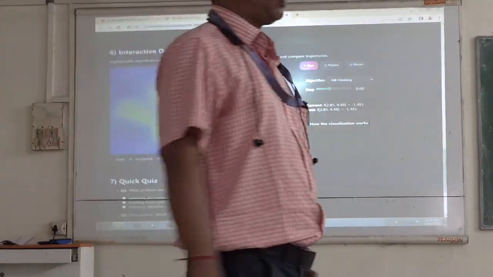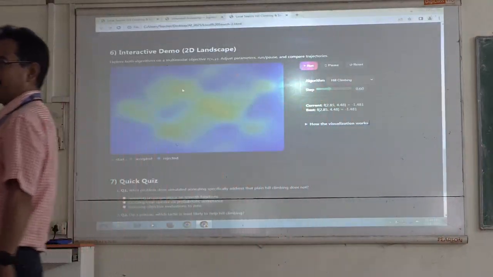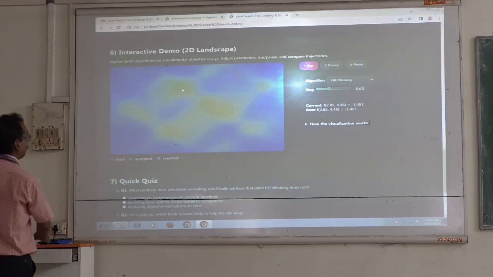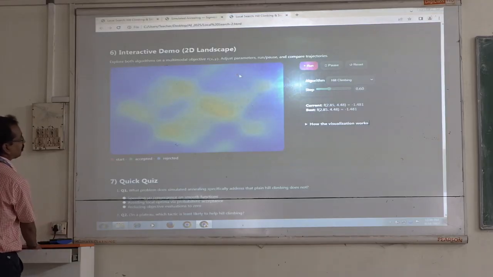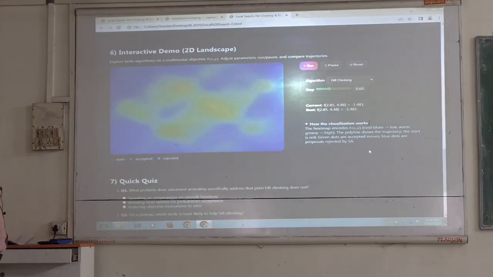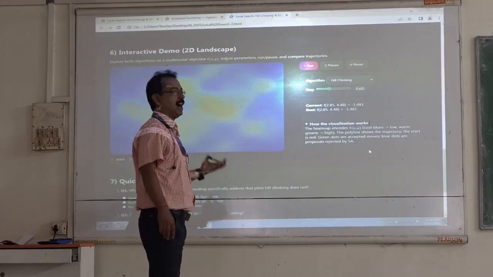So my agent's target will be that always try to reach a higher temperature region. Now it can start from any part of this problem. So right now here, can anyone see this red dot? Did you see, children? So cool blues means low and warm greens means high.